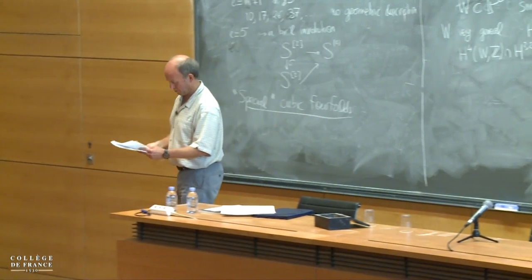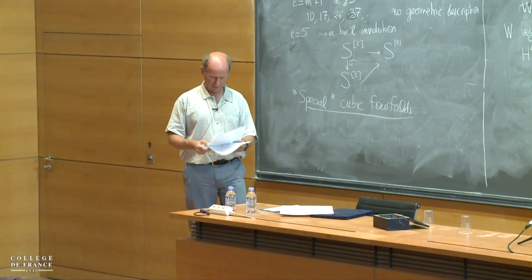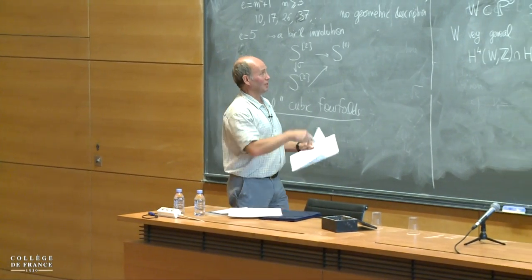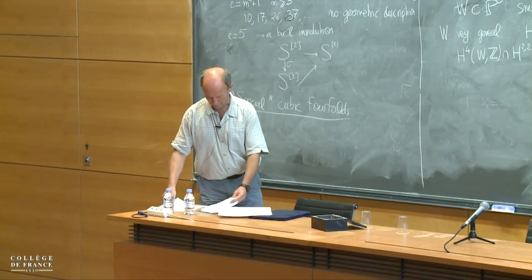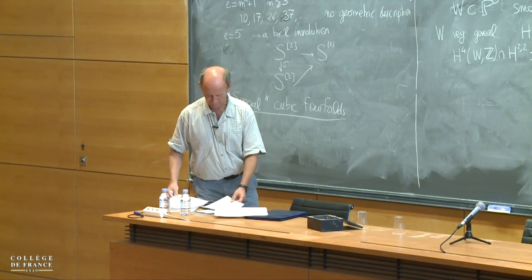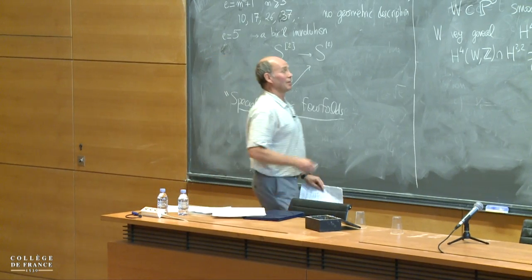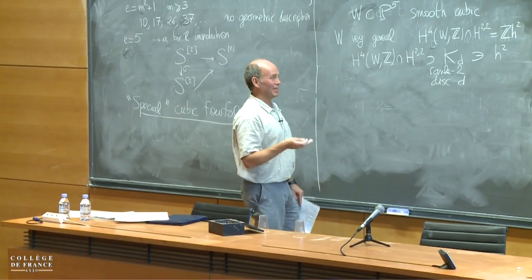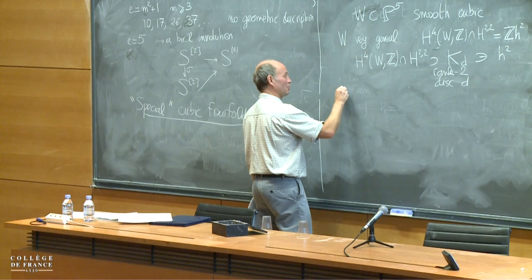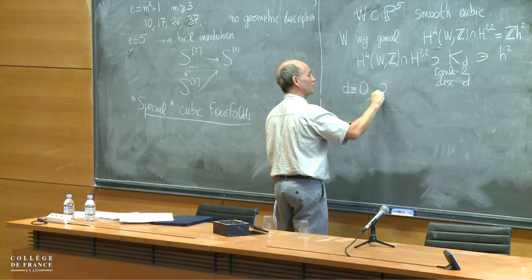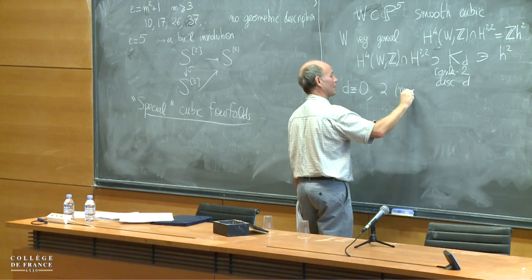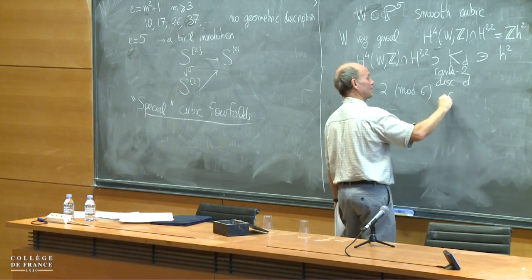Okay, so this is what Hassett described, and these cubics form a divisor in the moduli space of all cubics if and only if you have a condition on d: d congruent to 0 or 2 mod 6, and d at least 8.